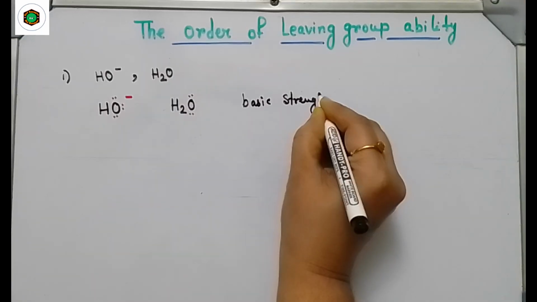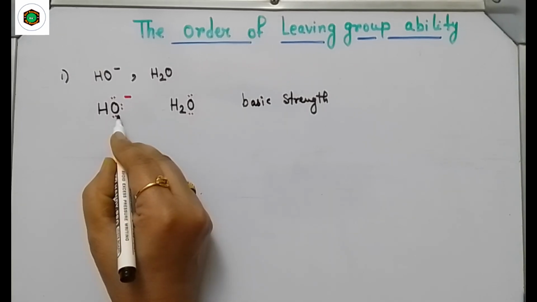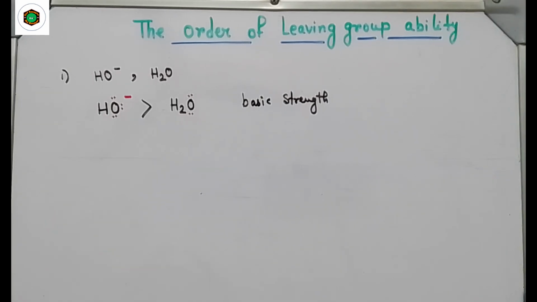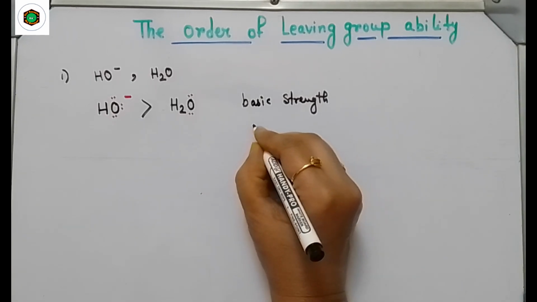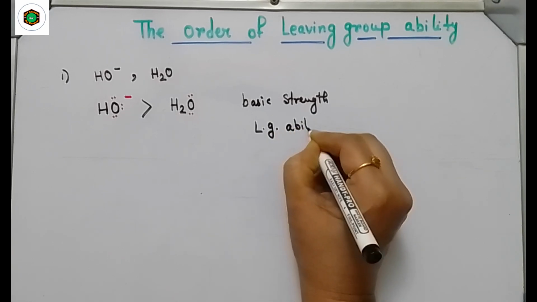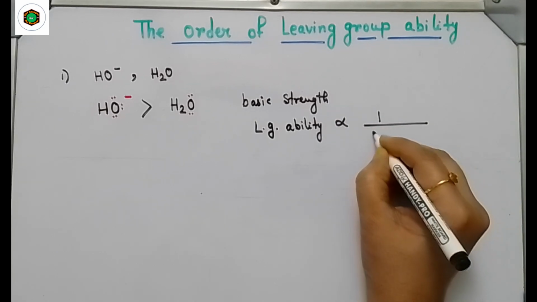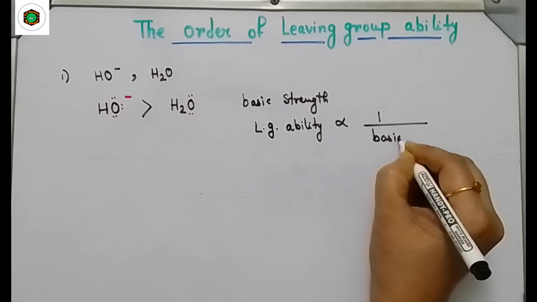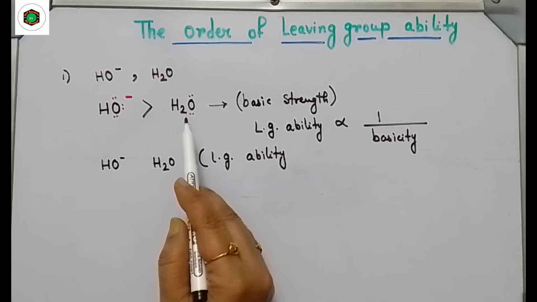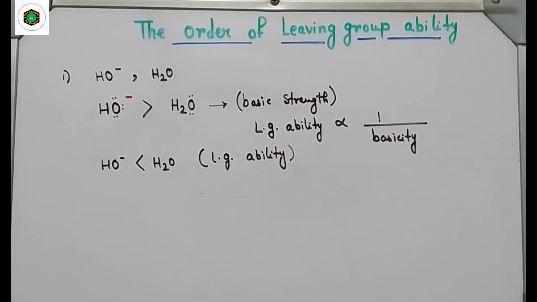So if you consider the basic strength of these two, since this has higher electron density, this is more basic than that. And remember, leaving group ability is inversely proportional to basicity. Since water is less basic, the leaving group ability of water is better than OH minus.